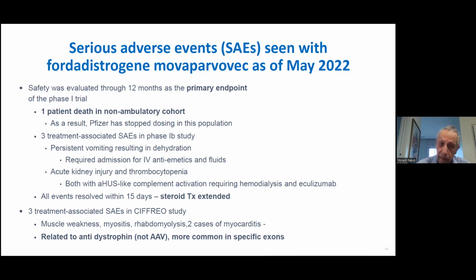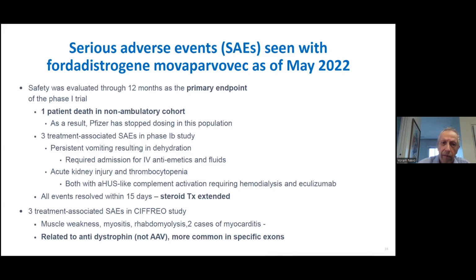So far, at least in phase 3, we didn't see such complications. On the other hand, in phase 3, later on in the disease, there were several cases of muscle weakness, myositis, rhabdomyolysis, and 2 cases of myocarditis.